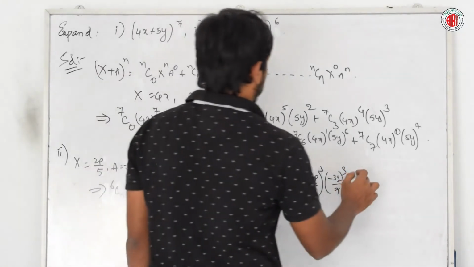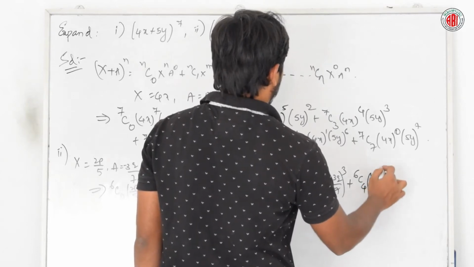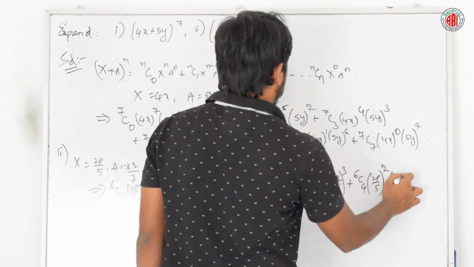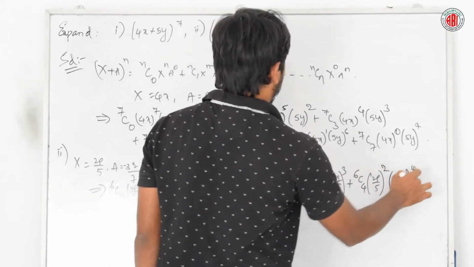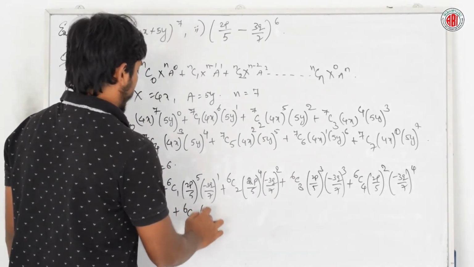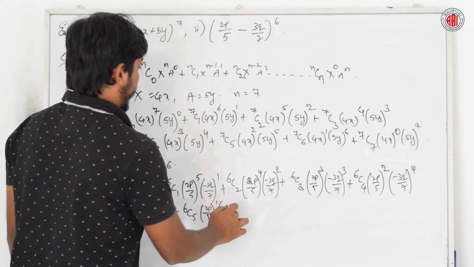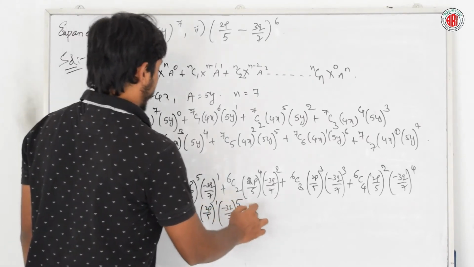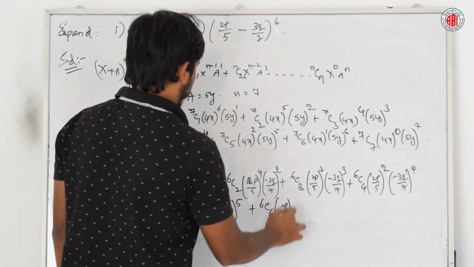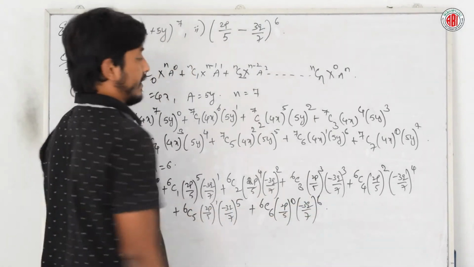Again plus 6c4 (2p by 5) whole power 2 (minus 3q by 7) whole power 4, plus 6c5 (2p by 5) whole power 1 (minus 3q by 7) whole power 5, plus finally 6c6 (2p by 5) whole power 0 (minus 3q by 7) whole power 6.